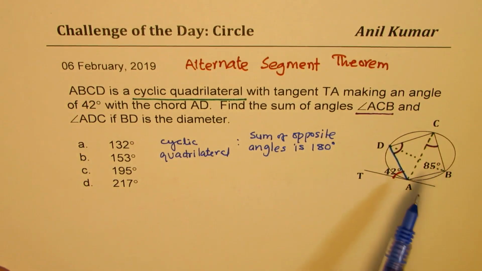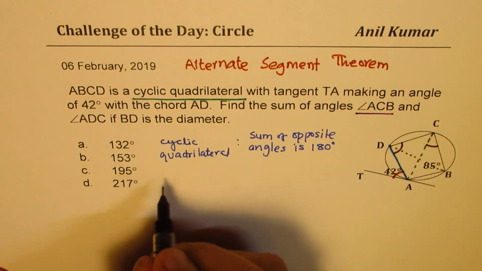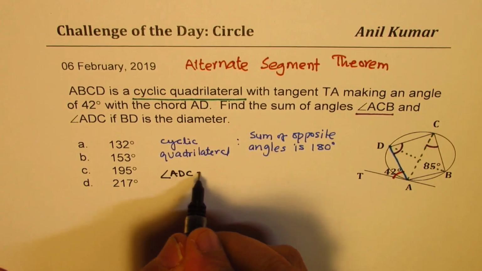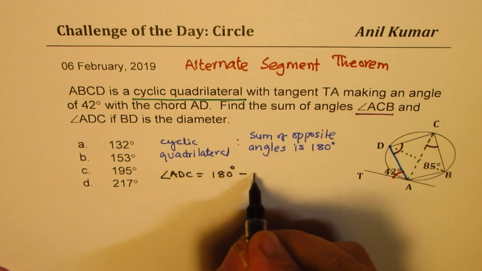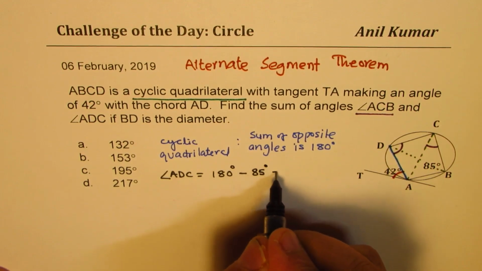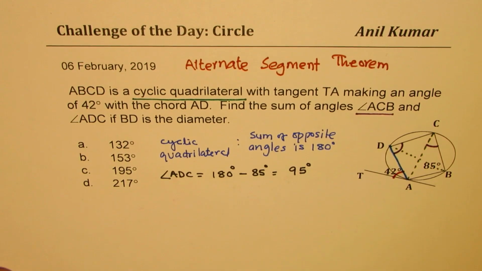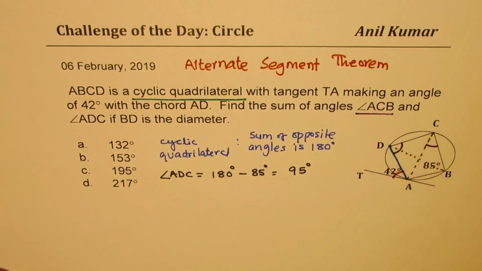So we can find angle D from the property of cyclic quadrilaterals. Therefore, the angle ADC will be equal to 180 degrees minus 85 degrees. So that becomes 95 degrees. So that is angle ADC. Now we need to find the sum of these two angles. What is that angle ACB?